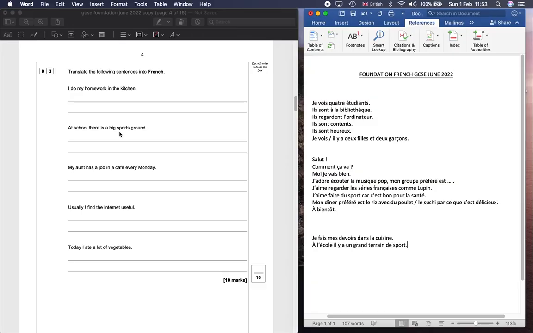So just remember that. I know it's confusing, but as long as you know this, you hopefully won't make the mistake. So let's have a look. À l'école, il y a un grand terrain de sport. À l'école, at school, there is, il y a, un grand, a big, sports ground, terrain de sport. See, it's flipped around, terrain de sport. Très bien. So now let's have a look at the third sentence.